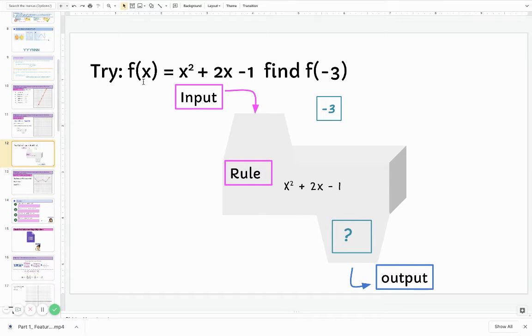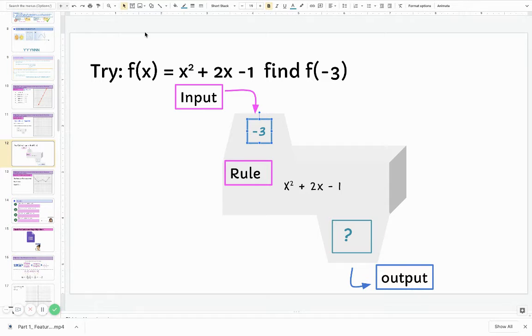Now we have f of x is equal to x squared plus 2x minus 1. Find f of -3. So what does that mean? It means that -3 is your input. Okay, so we have -3 going into the equation whenever you see an x.